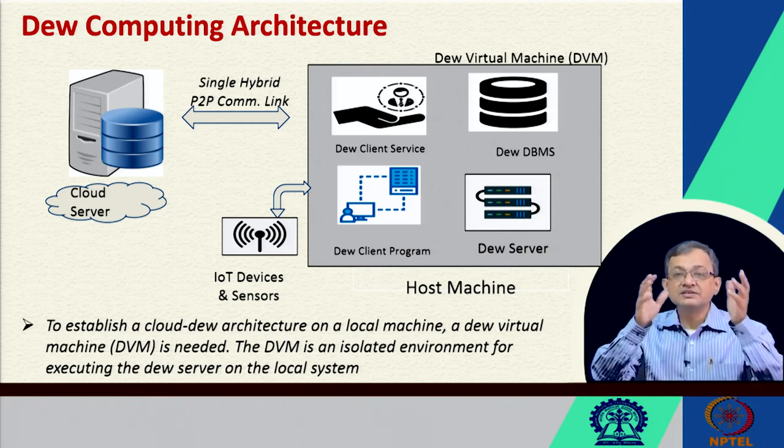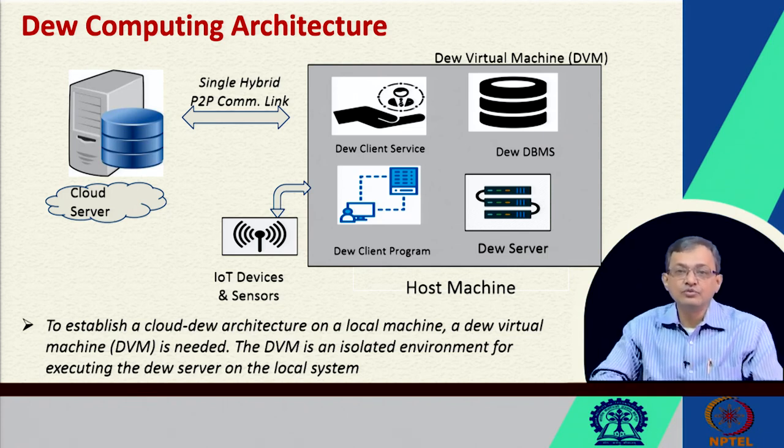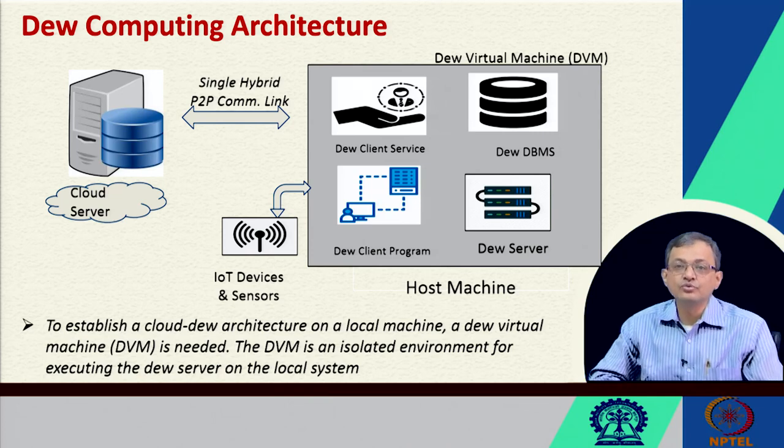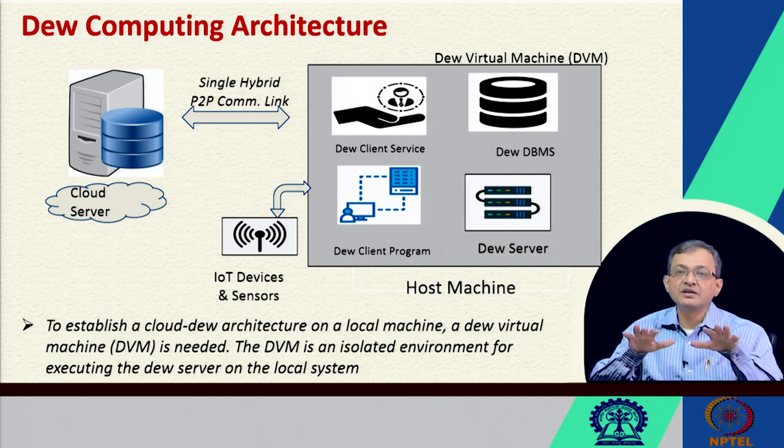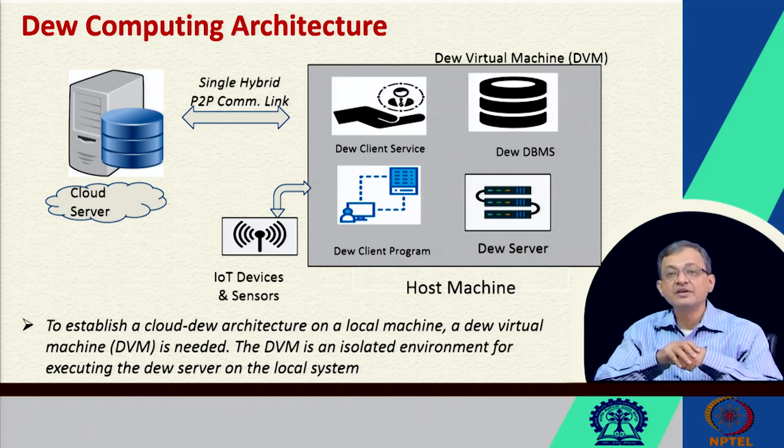Some sort of Dew virtual machine or that particular Dew system needs to be installed, like what we do, we need to install Dropbox at our end, right. And DVM is an isolated environment for executing the Dew server on the local system. So, it is an isolated independent environment to run the Dew server at the local system. It has the capability of syncing with the other end cloud system, right.